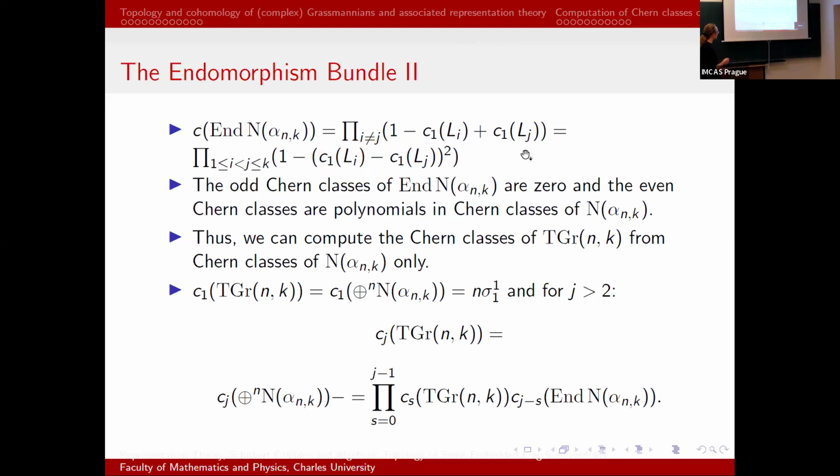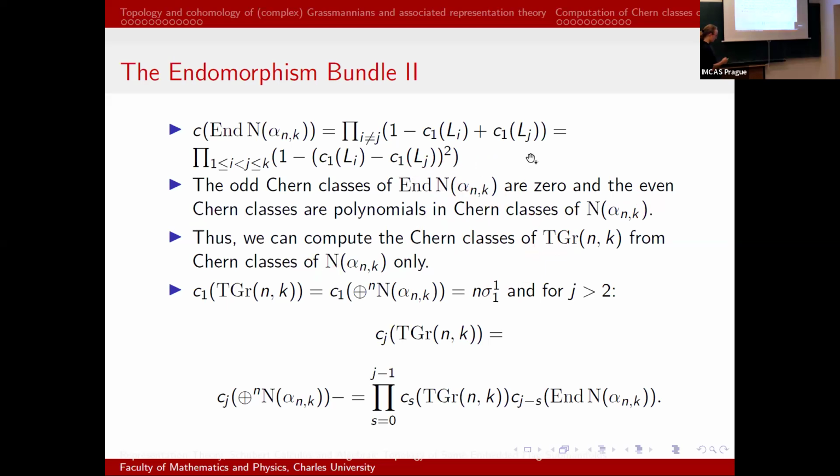Hence, we see that the odd Chern classes of the endomorphism bundle are trivial, and the even Chern classes are some polynomials in the Chern classes of the original bundle, in this case the vertical bundle. So we can compute the Chern classes of the endomorphism bundle just from the Chern classes of the vertical bundle.